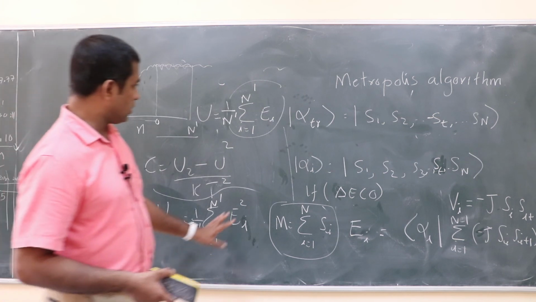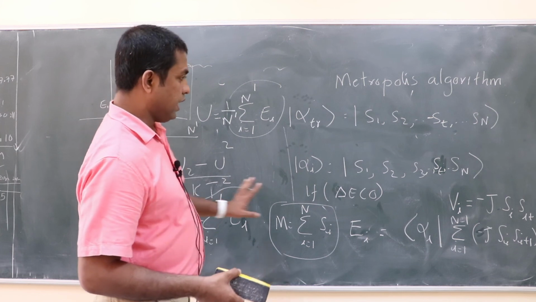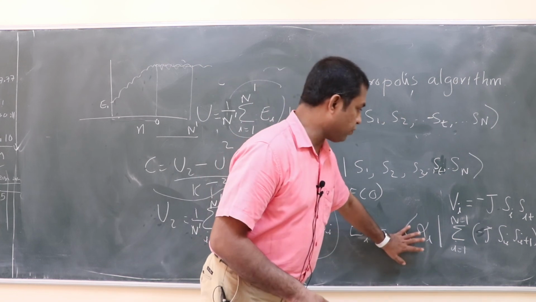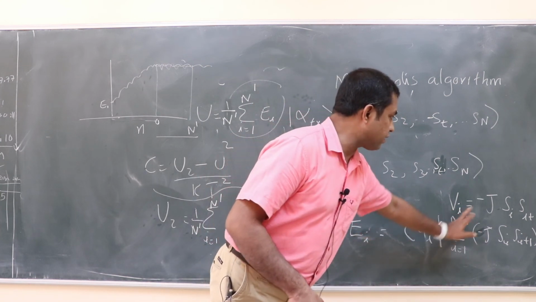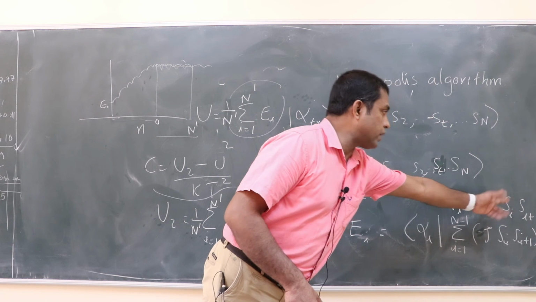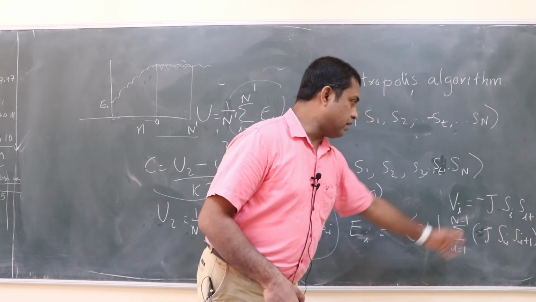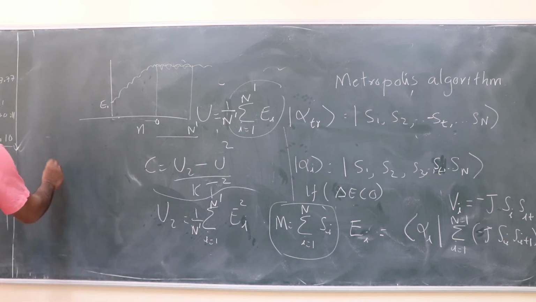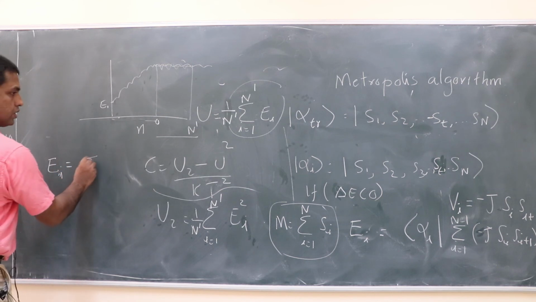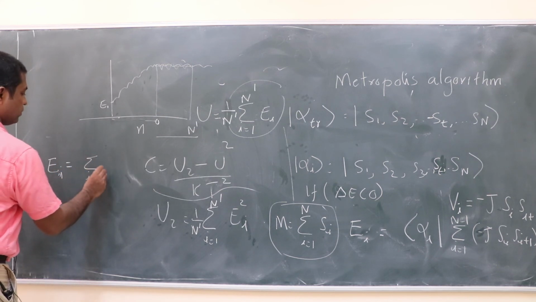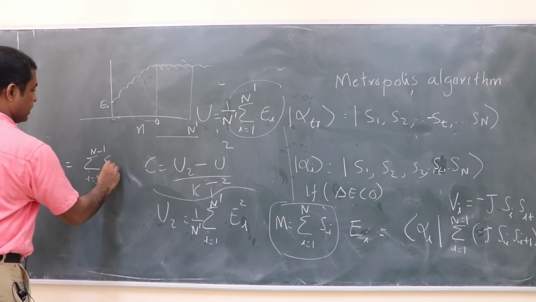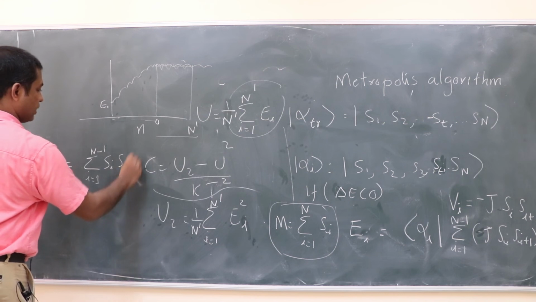So how do you get the energy? The energy for a given configuration is basically from this formula. Here S and Si plus 1 are operators. After taking the average using the expectation value, you get the energy for a given configuration as summation i equals 1 to n minus 1 of minus J Si Si plus 1.